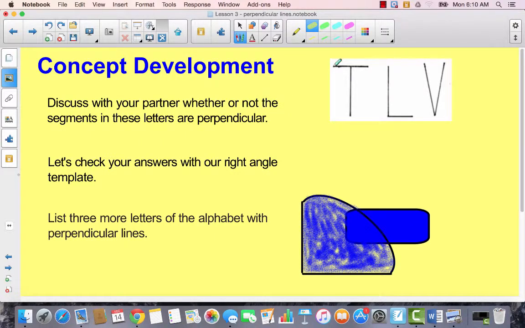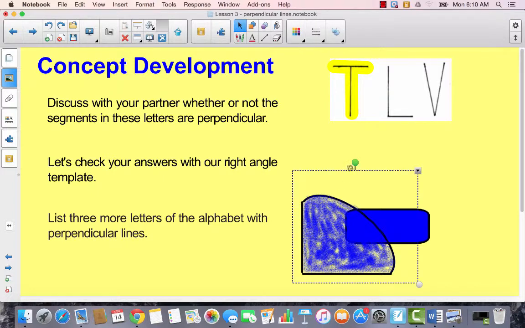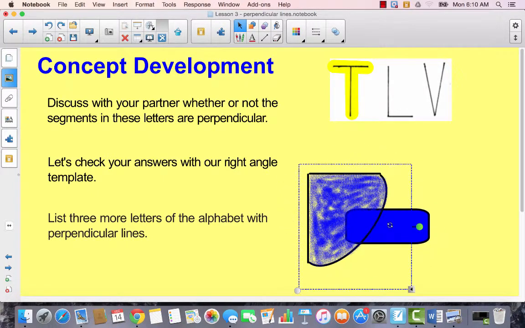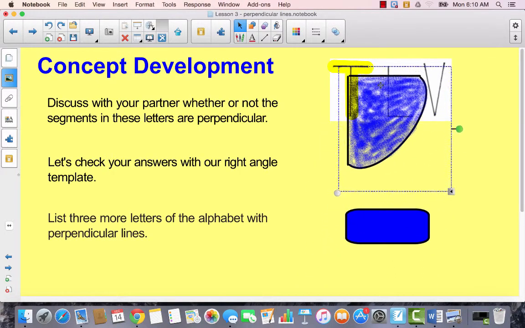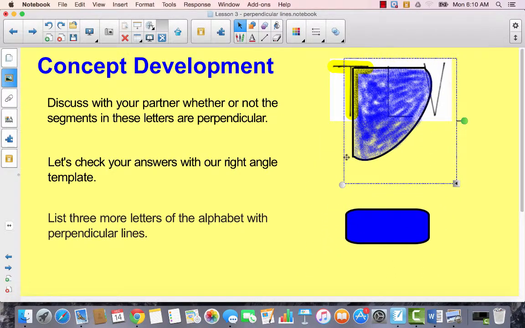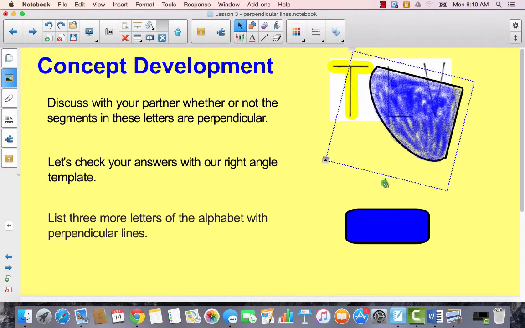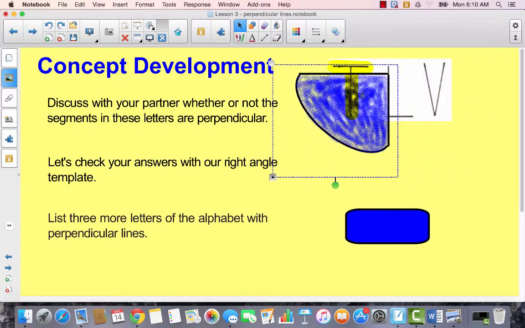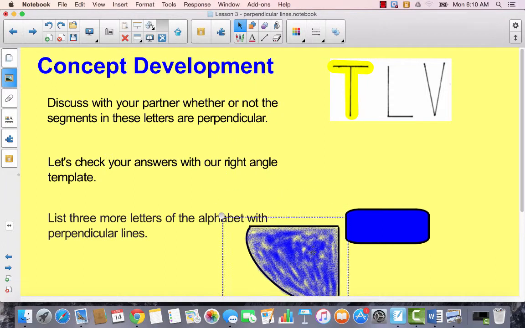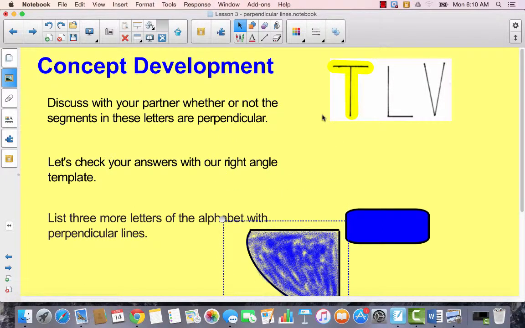Well, if you look right here, even though this line segment doesn't go all the way through the letter, you can see that they still meet and they still form right angles. I can use this right angle template that I created, and I can put it right here inside the angle, and you can see that this is a right angle, and if I flipped it over, you could see that the other side is a right angle too. So these are perpendicular lines, even though they're line segments.